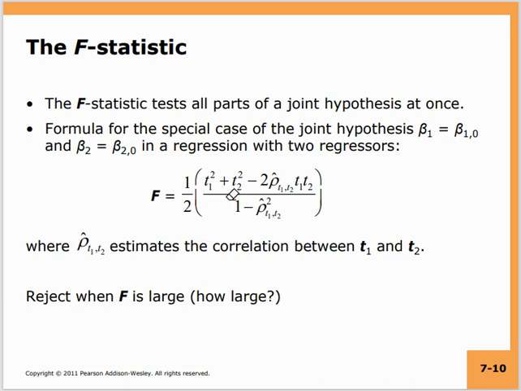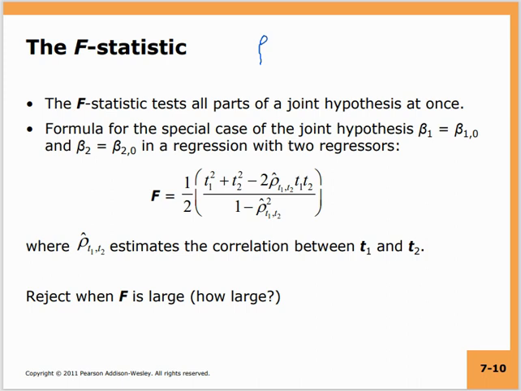Hello students, so we are going to continue today on the lectures on hypothesis testing for multiple regression model. We had discussed the idea of conducting a joint hypothesis test for two different parameters.